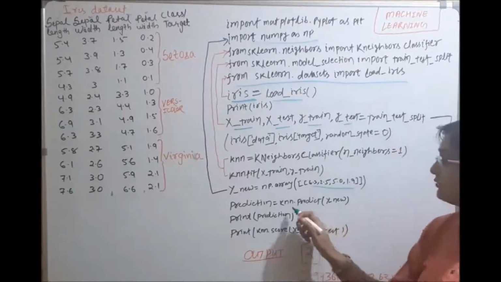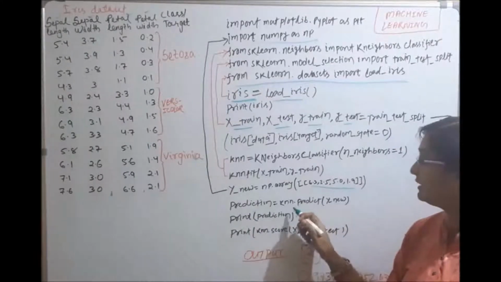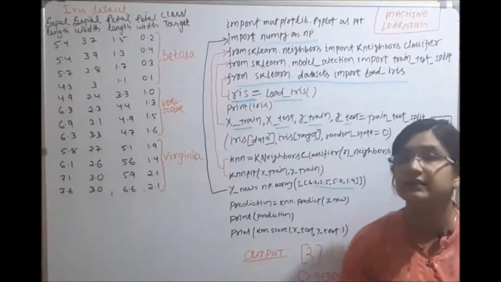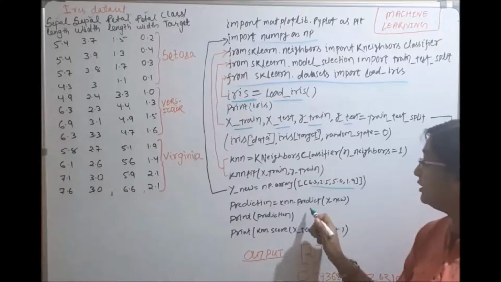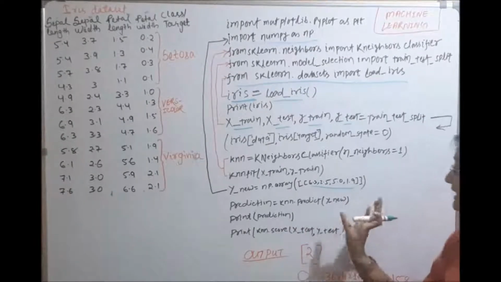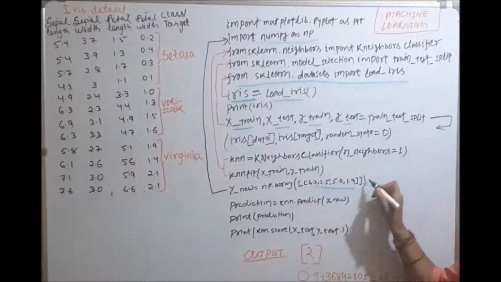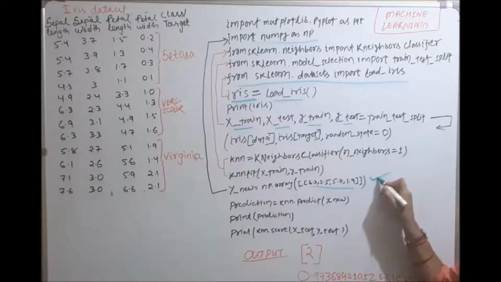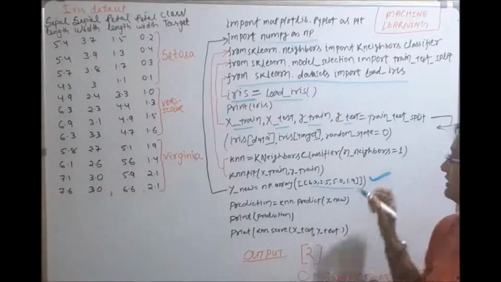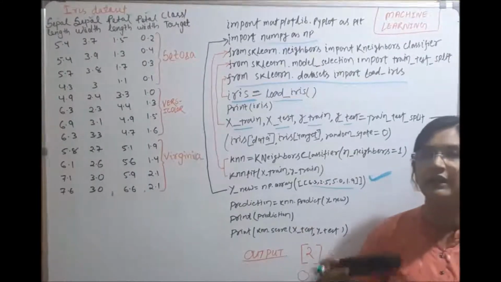Next, I take my KNN algorithm. Inside KNN there is a function called predict, so I directly call the knn.predict function, and inside the predict function I pass the iris dataset value which I have taken randomly.